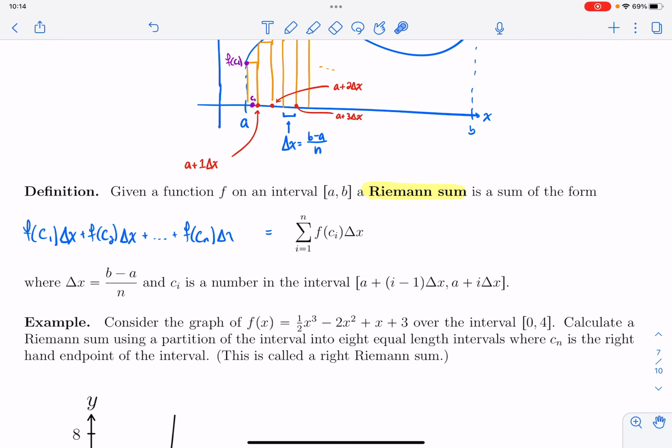So these are the Riemann sums that help us approximate the area under the curve. Notice that the ci here is any number inside this interval. It doesn't have to be the left endpoint or the right endpoint. It can be any point in there, but traditionally we restrict ourselves to a particular type of point.